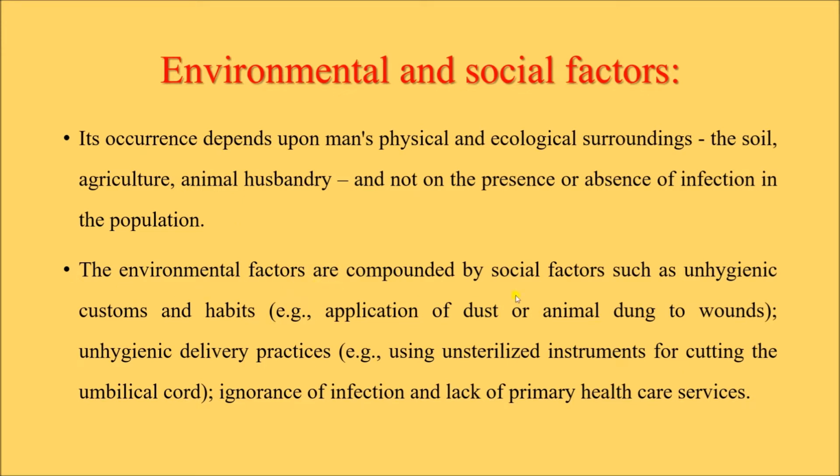The environmental factors are compounded by social factors such as unhygienic customs and habits, like application of dust or animal dung to wounds, unhygienic delivery practices like using unsterilized instruments for cutting the umbilical cord, ignorance of infection, and lack of primary healthcare services.